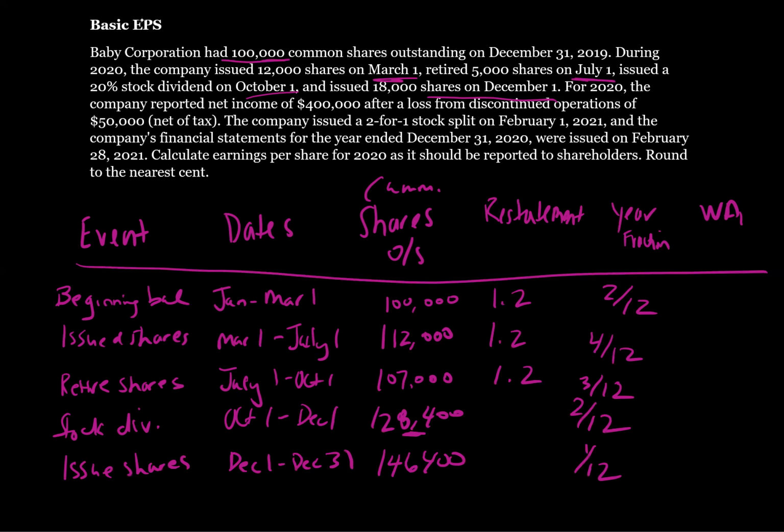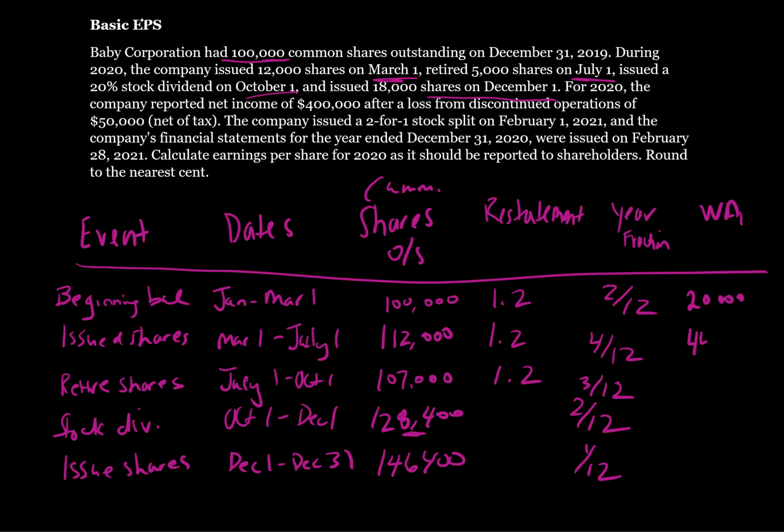Okay, so if I multiply these three through, if I say 2 divided by 12 times 1.2 times 100,000, that is going to give me these weighted average share numbers. So rounded, this is going to be 20,000.